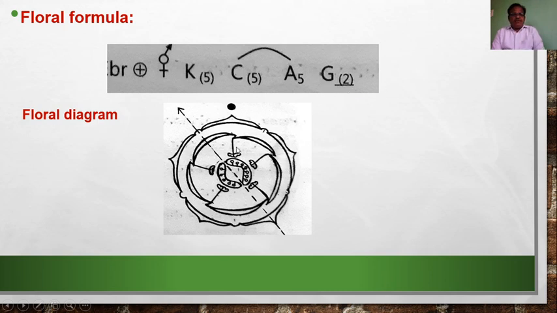Then floral diagram. Floral diagram is the diagrammatic representation of the flower. When we observe the calyx, this is the outer green part, the sepals are joined to one another, pay attention here, and they form a common tube. Aestivation is valvate, they only touch one another without overlapping, so they show valvate type of aestivation.